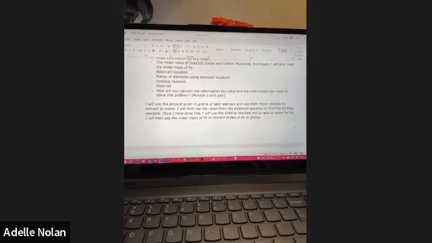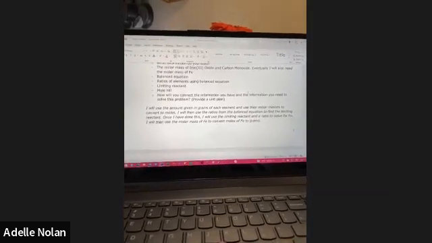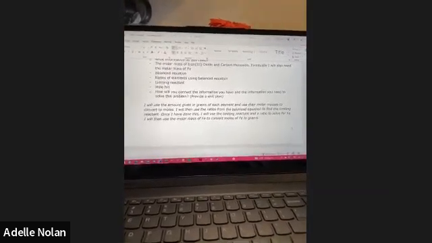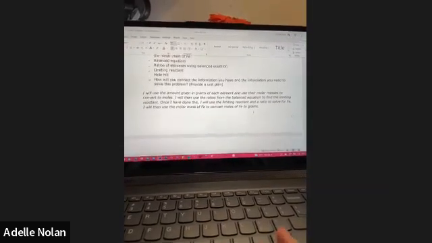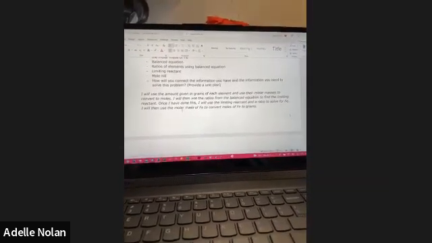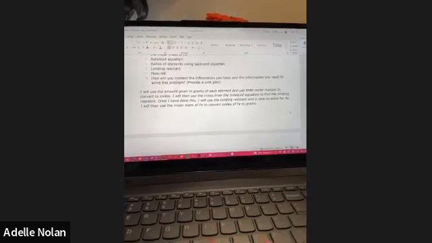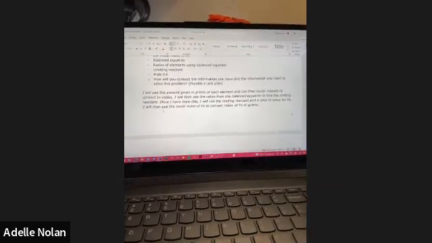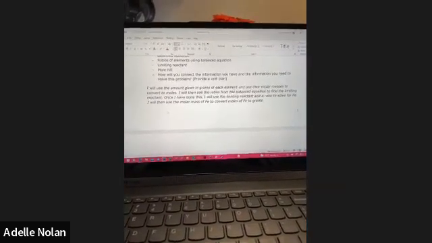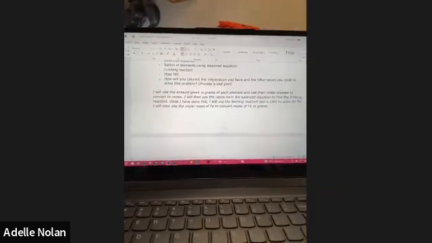I will then use the ratios from the balanced equation to find the limiting reactant. Once I've done this, I will use the limiting reactant and a ratio to solve for the iron in the end, the pure iron. I will then use the molar mass of this pure iron to convert moles of iron to grams.